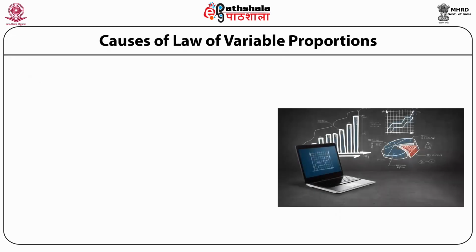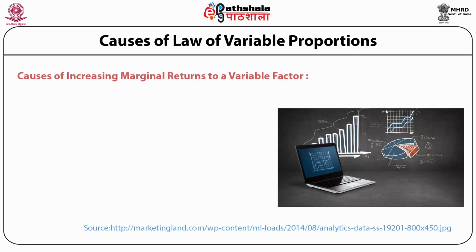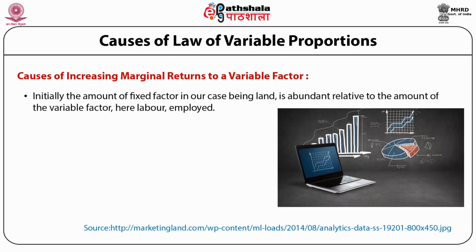Causes of the law of variable proportions. The reasons behind the application of the law of variable proportions are discussed in 3 categories. Causes of increasing marginal returns to a variable factor. Initially, the amount of fixed factor, in our case being land, is abundant relative to the amount of the variable factor, here labor employed.